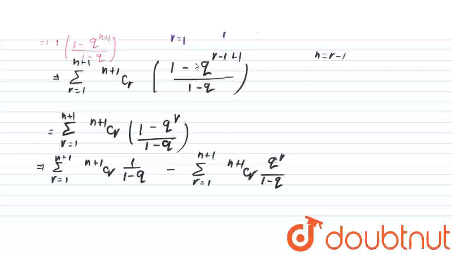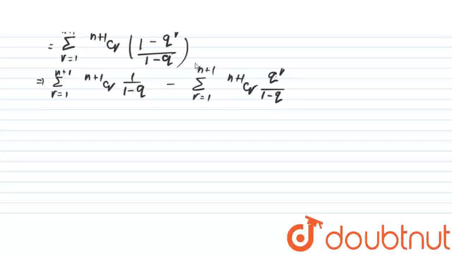Okay, what I did, I wrote 1 divided by 1 minus q and q to the power r divided by 1 minus q. Now I can take 1 divided by 1 minus q outside of the summation part.